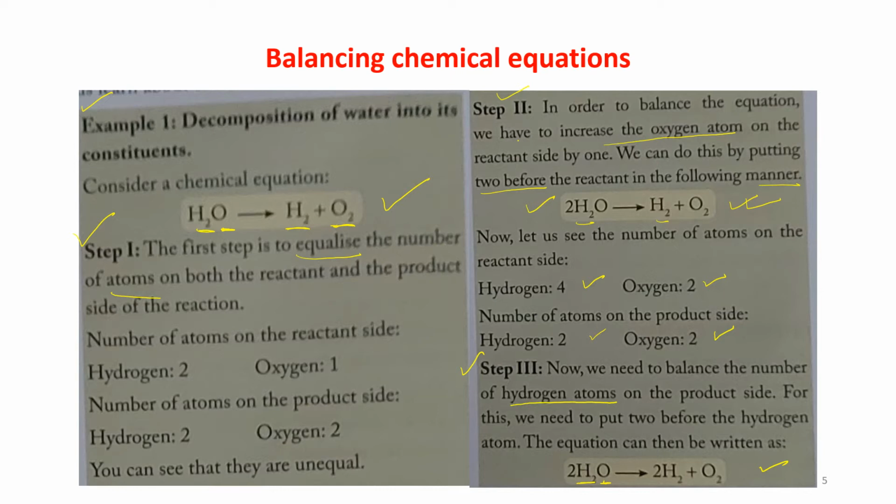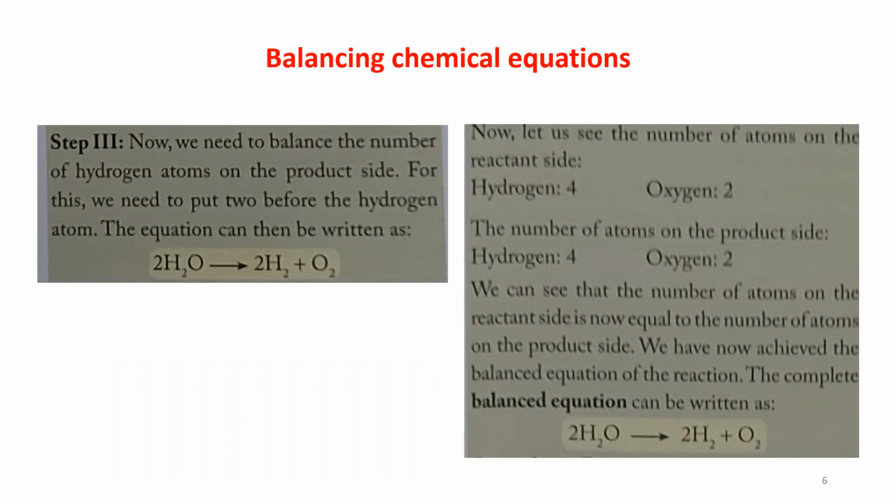And on the right hand side, that is the product side, hydrogen is 4, 2 2s are 4, and oxygen is 2. So on the reactant side also, hydrogen is now 4 atoms and oxygen is 2 atoms. Similarly, in the product side, hydrogen is 4 atoms and oxygen is 2 atoms. So this is a balanced chemical equation.